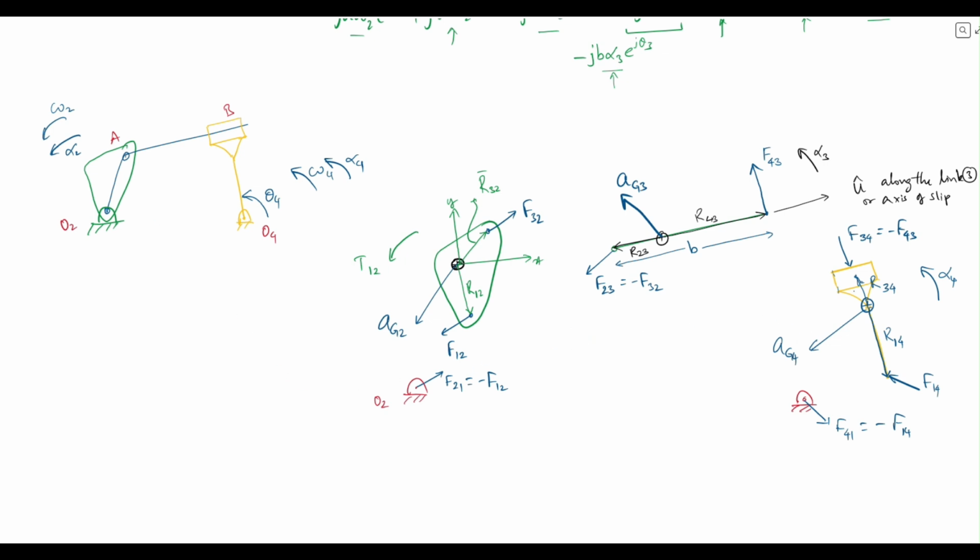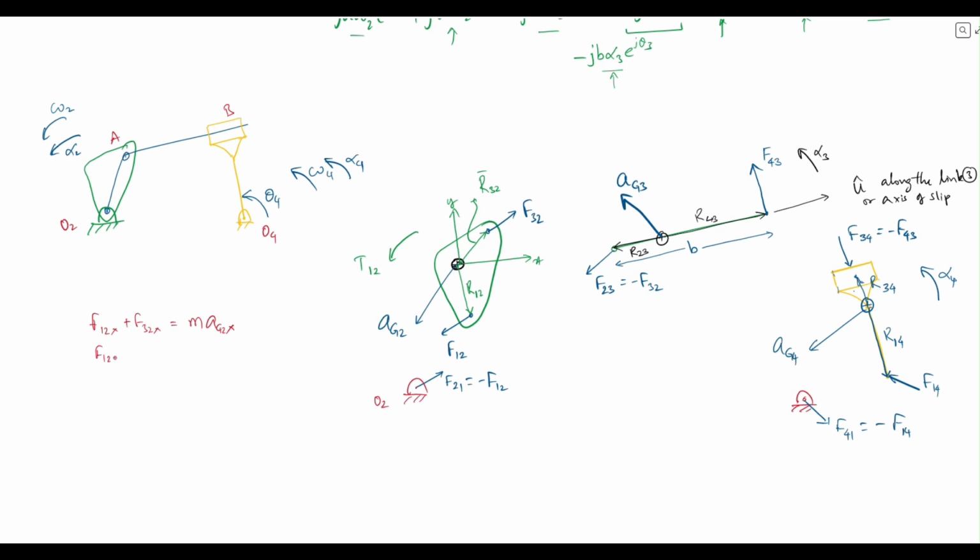Now I'll start writing the equations. Here we can get F12x plus F32x is equal to M AG2x.